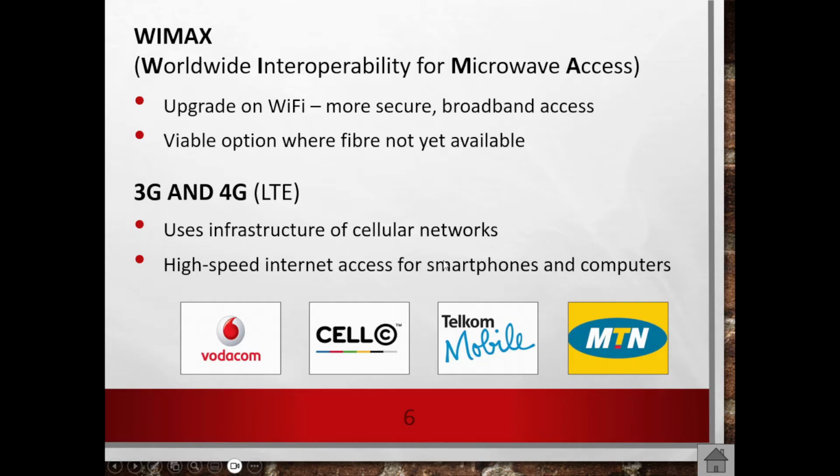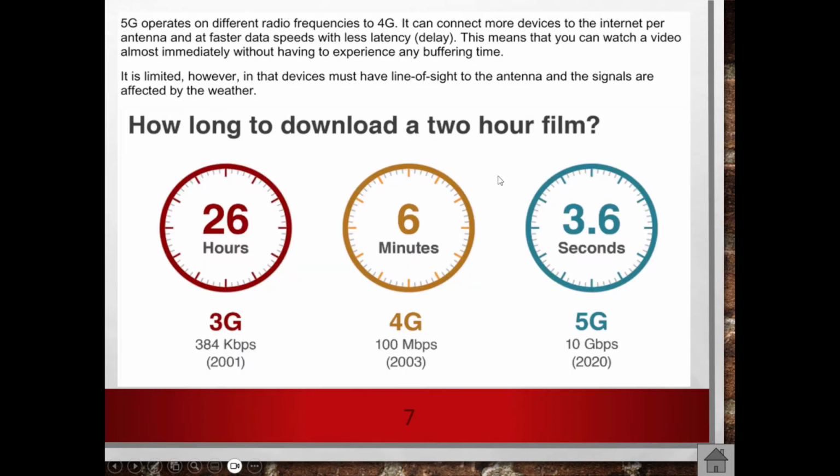Then I needed to find out if I can get hold of a router that can actually take a SIM card from MTN. And that's how I get access to the internet. So yeah, bit of a schlep, but those are the ways in which we can get access to our downloads and streaming and all this type of thing.